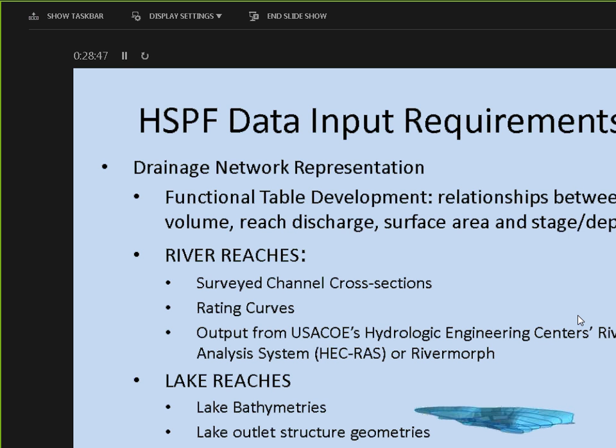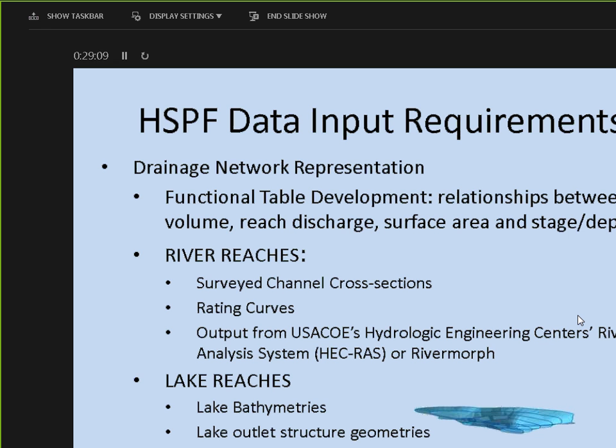So we like to get as many survey cross sections and rating curves as we can, and drop them into a model like HEC-RAS, the Engineering Center's River Analysis System, or some of the DNR staff have used RiverMorph, or PCA staff has used RiverMorph, and develop as many of those relationships as we can.